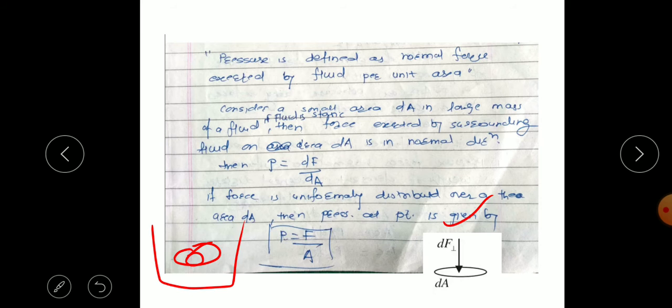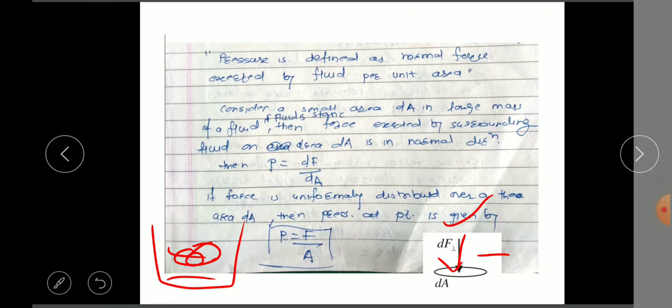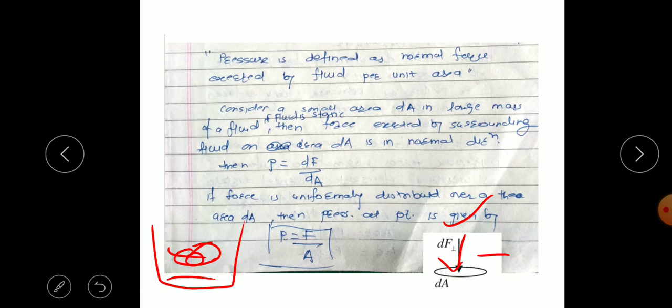On that a small force dF is acting in a perpendicular direction. If this force is uniformly distributed over this fluid area, then taking dF by dA gives force per unit area.